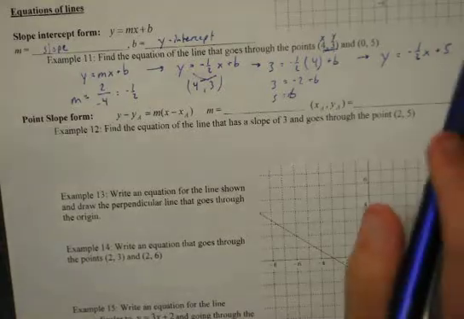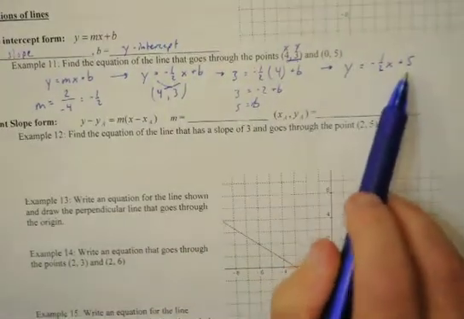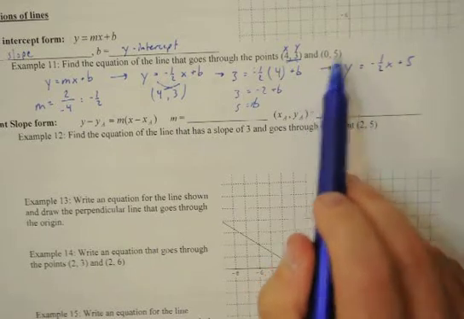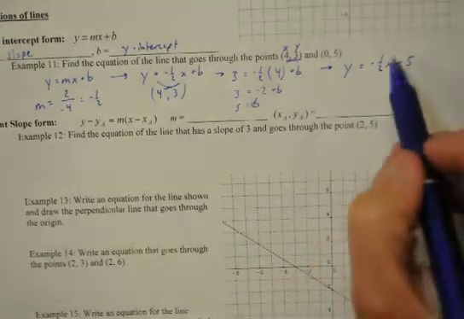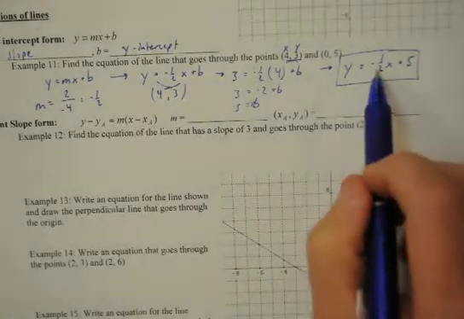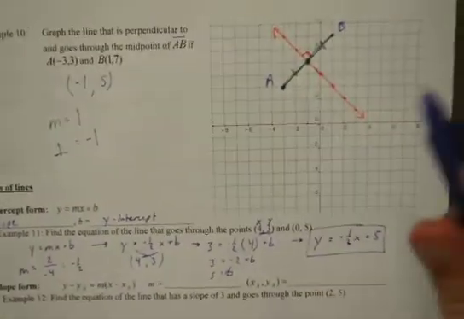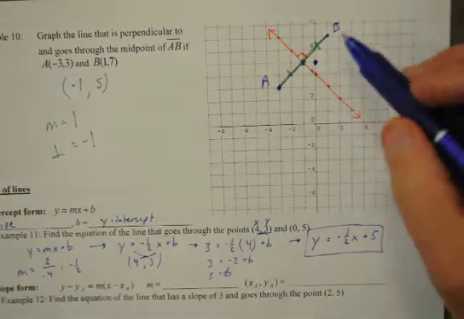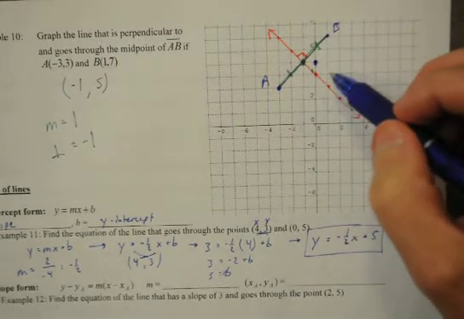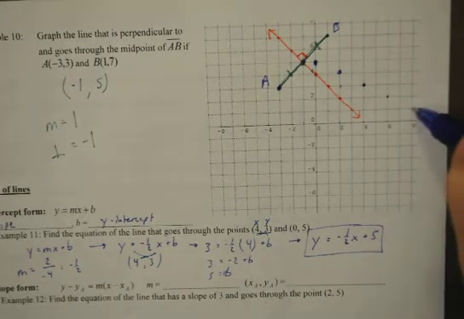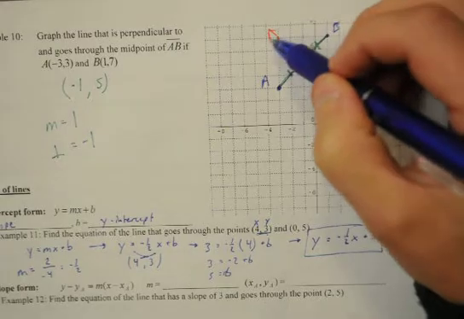Now there was a shortcut to find that 5, wasn't there? Yes, because this point had 0, 5. Whenever the x is 0, your y-intercept is whatever the y is. Anyway, there's our line. And if we were to graph this, we would start at 5, and then we'd go down 1 over 2, down 1 over 2, down 1 over 2, down 1 over 2, and vice versa.